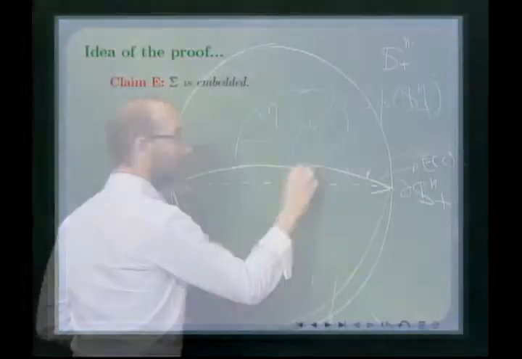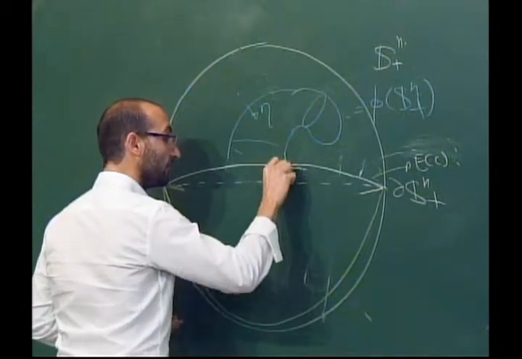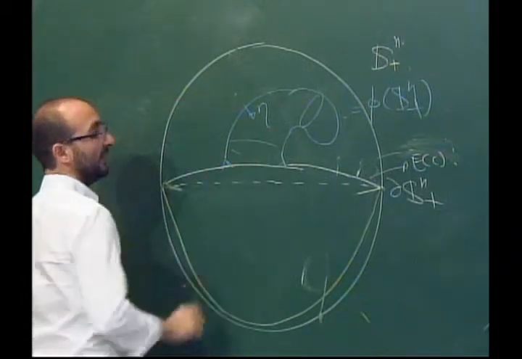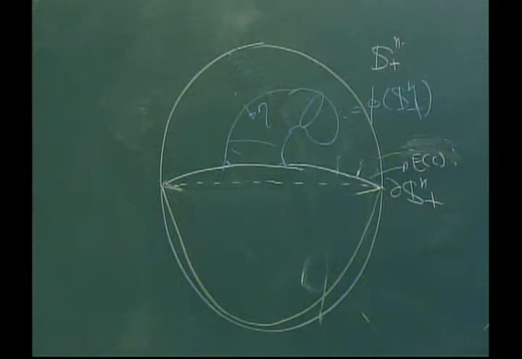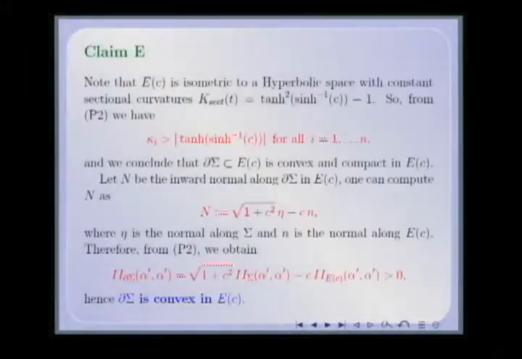Okay, so now we're going to see that it's embedded. I don't know that the surface is embedded or not, but I know that the angle is the same here and here. How to prove that this is embedded? The first thing is easy to see: the boundary is embedded in this equidistant.